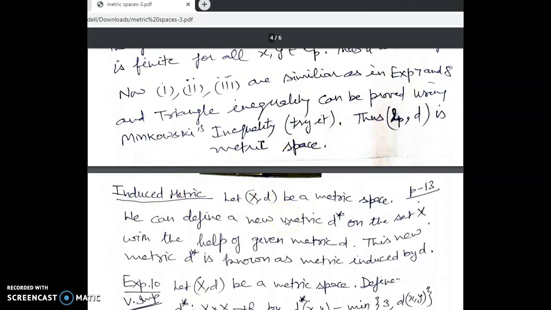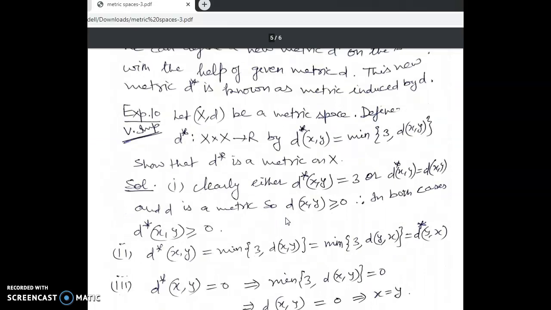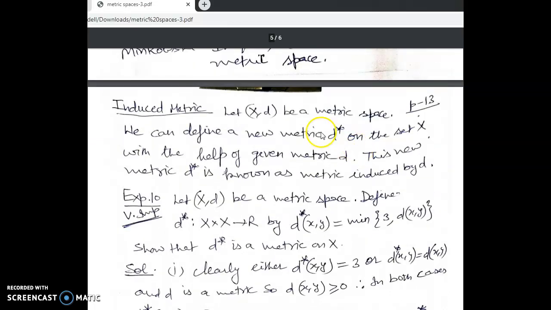Now, what is an induced metric? Let (X, d) be a metric space, then we can define a new metric d star on the set X with the help of the given metric. This new metric d star is known as the metric induced by d. Example 10. This is a very important example. Let (X, d) be a metric space.